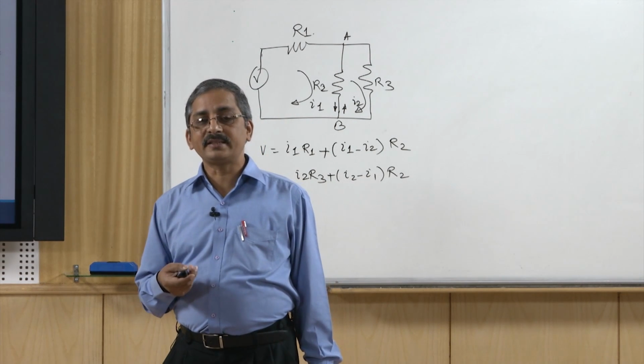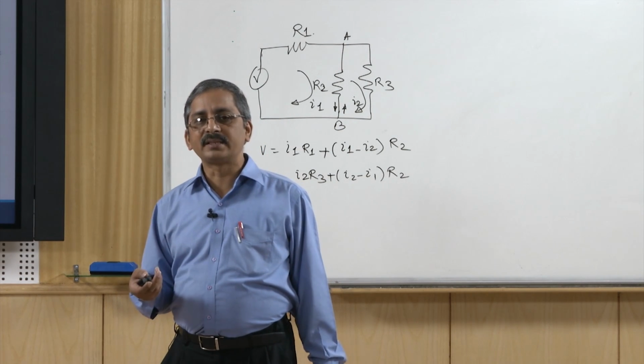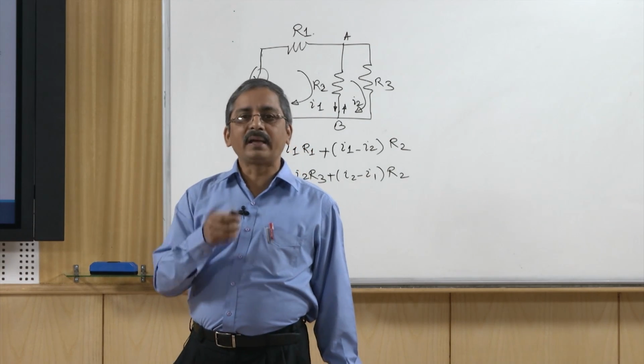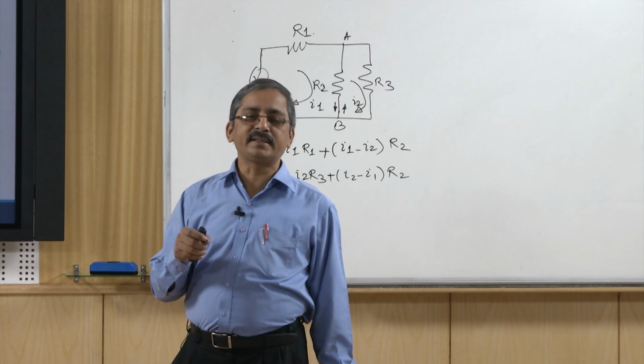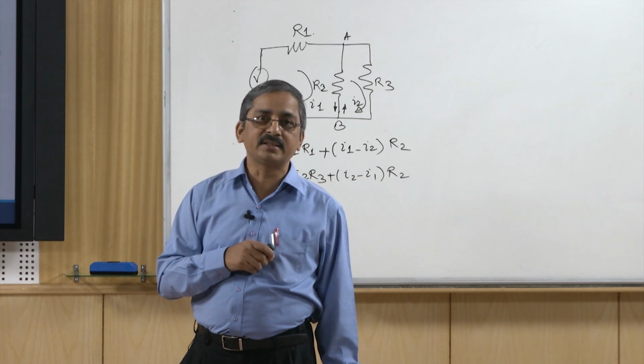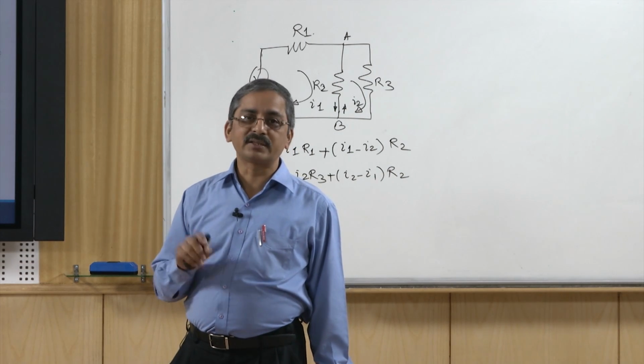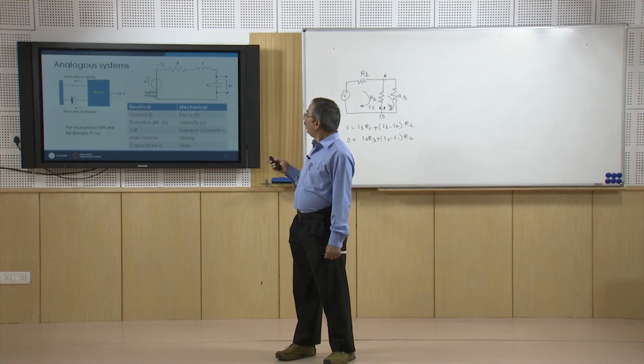So, rather than that mechanical system, we can model an analogous electrical system and do the parametric variations there, and we can see the effect of the various components or various variations.